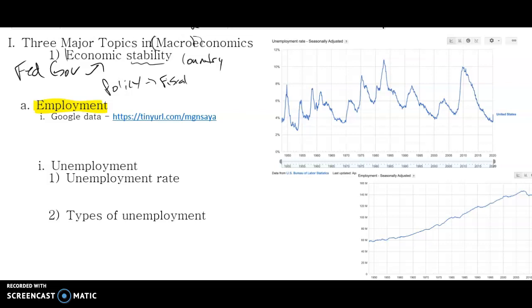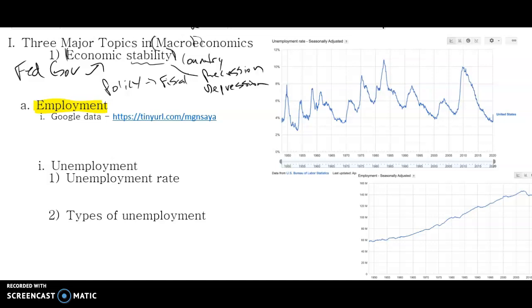So the government really has deemed it since the Great Depression a necessity for it to step in, especially in times of economic recession or depression, to try and help out and create stability. And they've passed different acts and laws in order to try and do that. And so the three things that they're constantly focusing on are employment, growth, and prices.